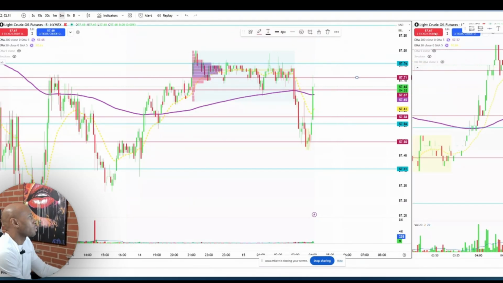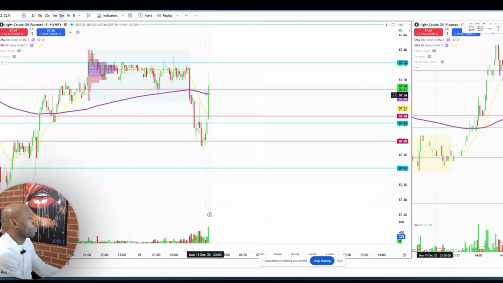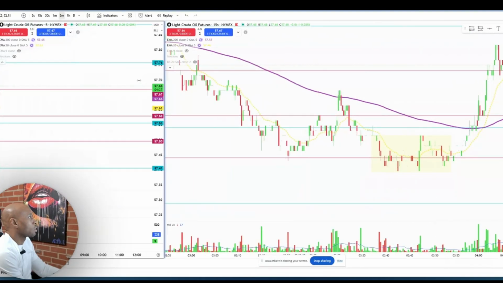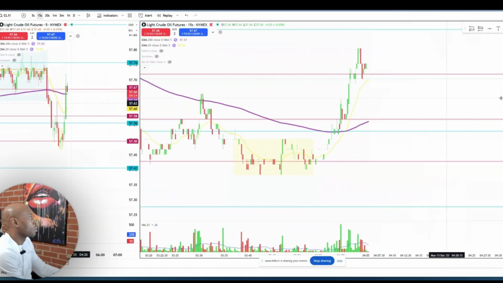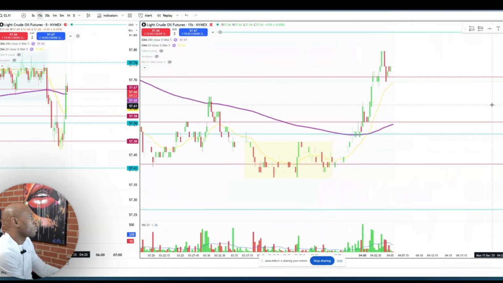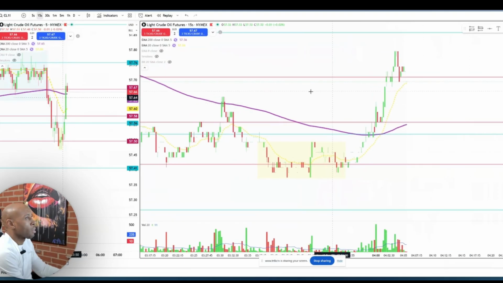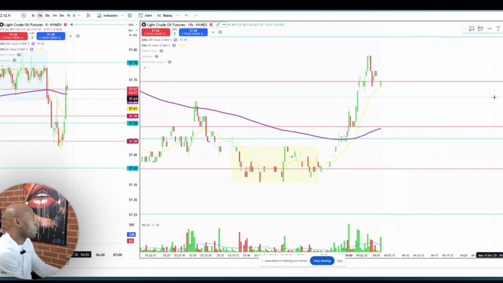I use that sometimes so I can get an idea of price pulling back into it. But a lot of times I find that consolidation areas tend to be resistance or support levels, right? So I'm looking for price to break back below this, to possibly take it back down to this EMA. So we'll see.